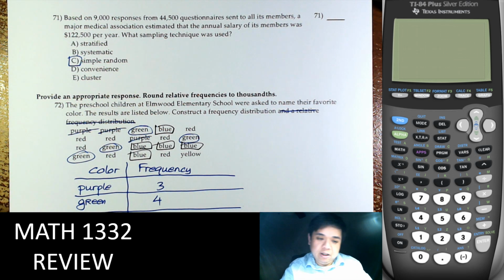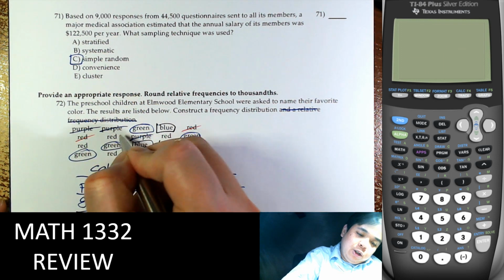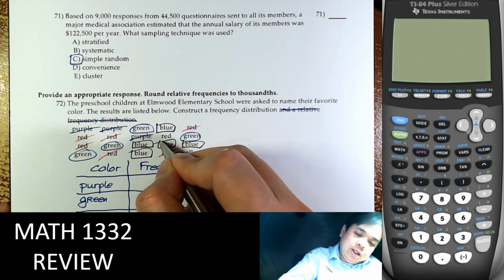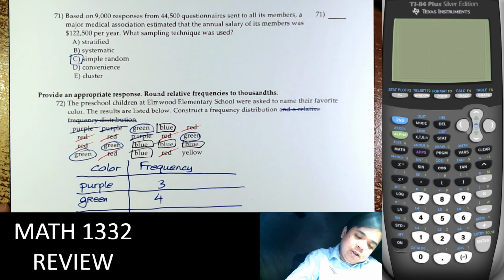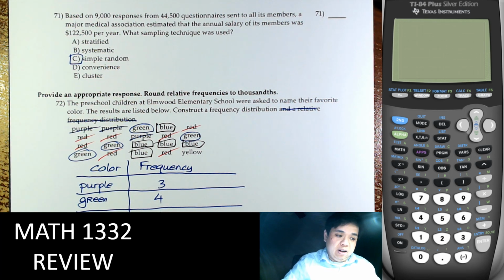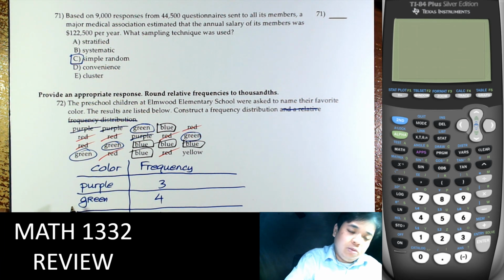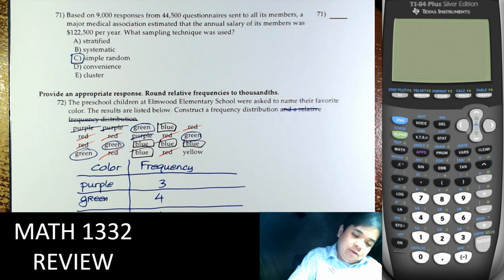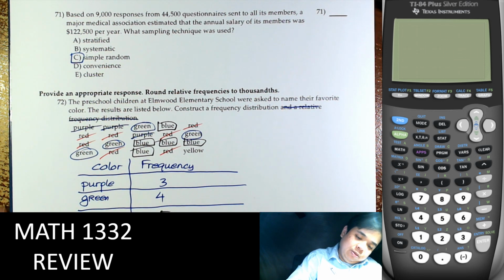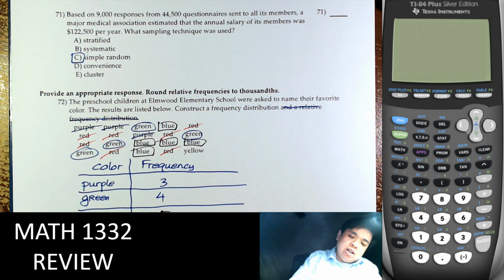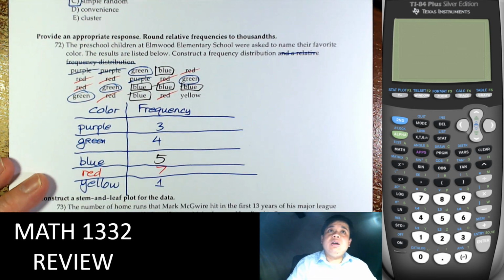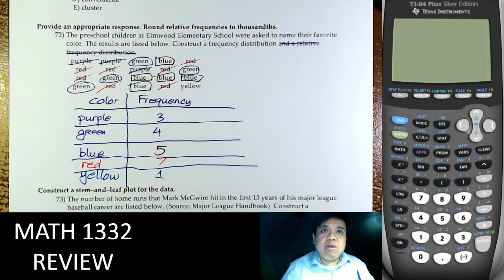And then red: 1, 2, 3, 4, 5, 6, 7. And finally yellow. There's only the one there, yellow. Yeah, just count how many we have for each category, in this case each color, and that's pretty much straightforward there.